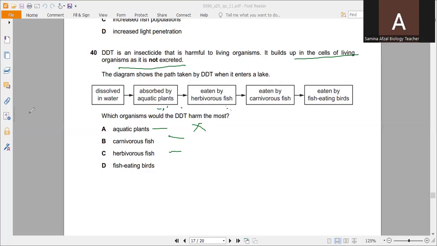When herbivorous fish are eaten by carnivorous fish, it is transferred to them. Lastly, the fish-eating birds eat all of this, so they will have the highest percentage of DDT inside. So DDT harms them most. D is the correct option. A, B, C are not correct options.